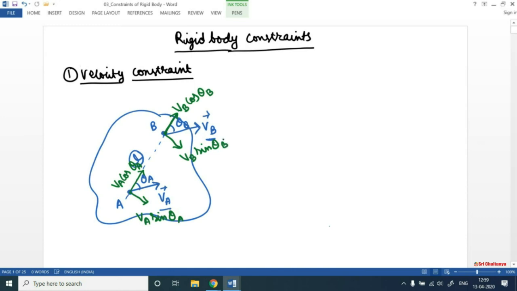We must understand that the components of velocities along the line of separation, this component and this component, the relative velocity along this line is going to be equal to 0.